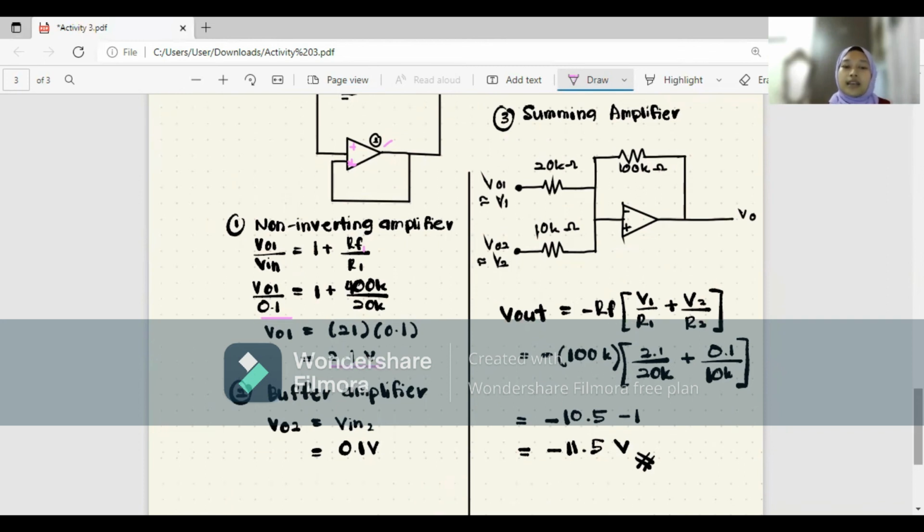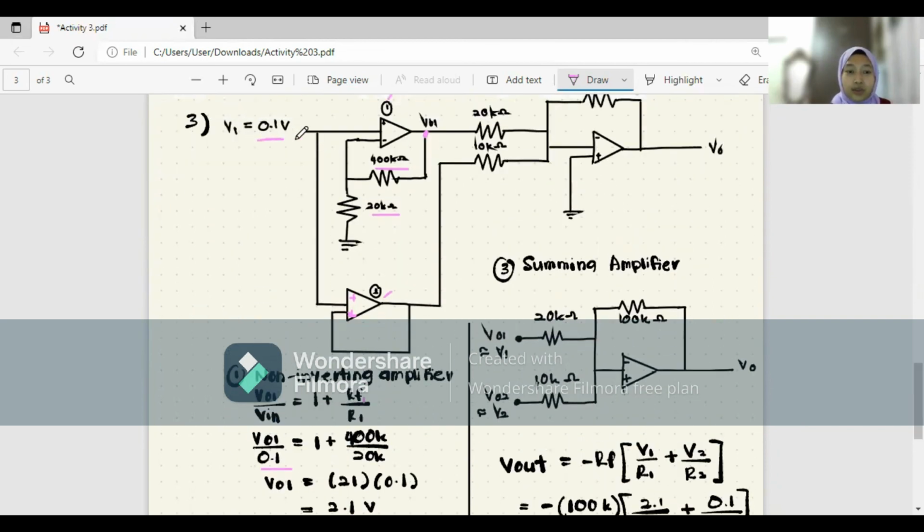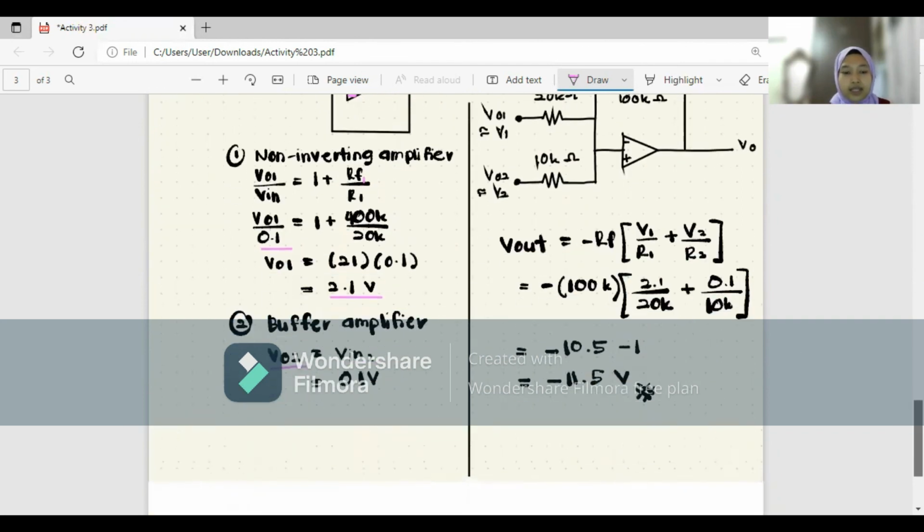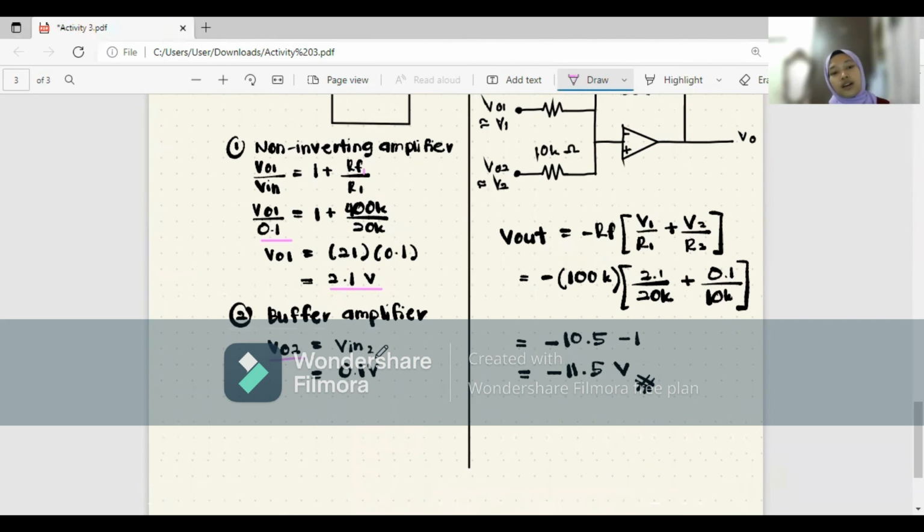So if we want to find the V output, we just conclude it is the same as the V input. We're already given that V input is 0.1 volt, so 0.1 volt is actually the voltage output for the second amplifier. So V output 2 is equal to the V input, which is 0.1 volt.